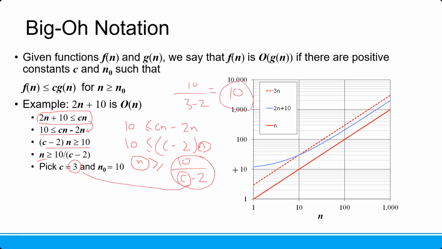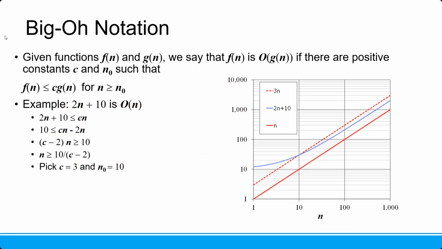So 10 is any number n0 in order to get the result that this is correct. So c is 3 and n0 is 10 in order to check that this function is suitable. We can say that 2n plus 10 is O(n).